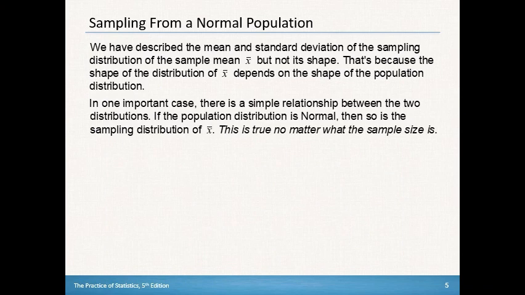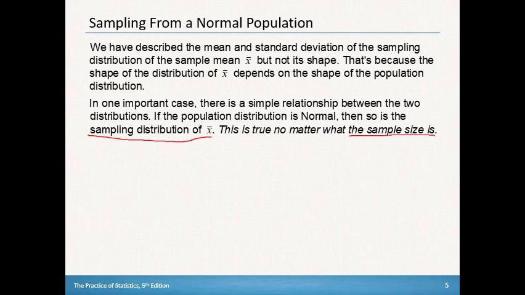Okay, so hopefully from the little web-based applet, we've determined that the sampling distribution of X bar will be normal regardless of the size of our sample.